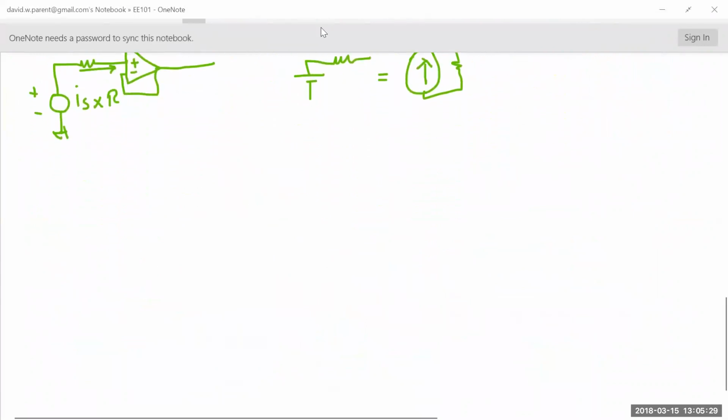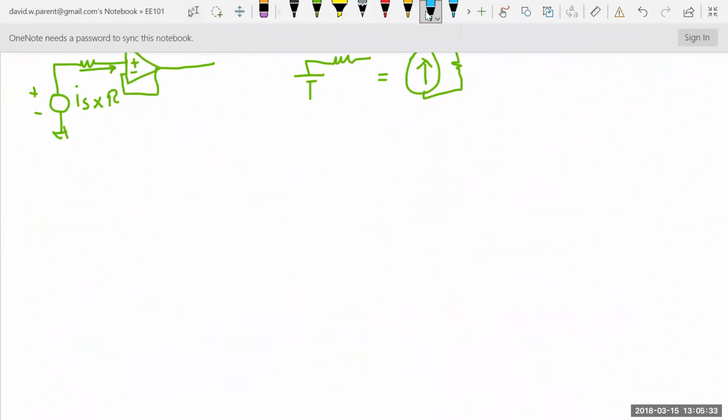So this is an interesting problem. Even though you should have the answer memorized, you get used to drawing things a certain way, right?